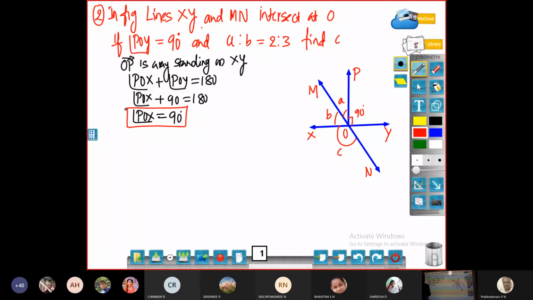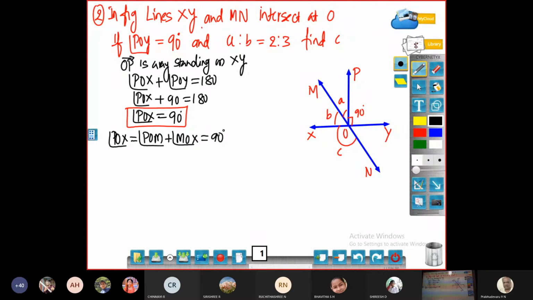So then POX is the sum of two angles. You can write this as POX is equal to POM plus MOX. These two angles both are equal to 90 degrees only.